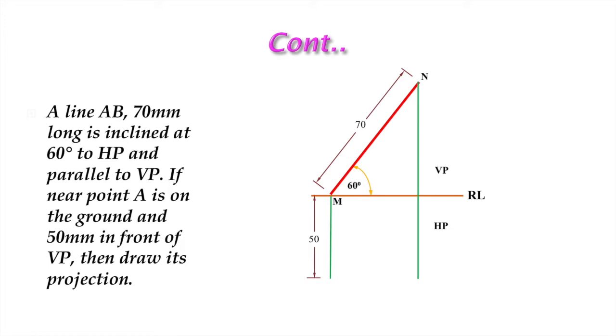Now use a torch. Consider a scale or your pencil as a line. Now using your torch, keep the position of the pen fixed. Now use the torch to get the shadow of the pencil on the VP and HP. VP means your front wall, HP means your floor.